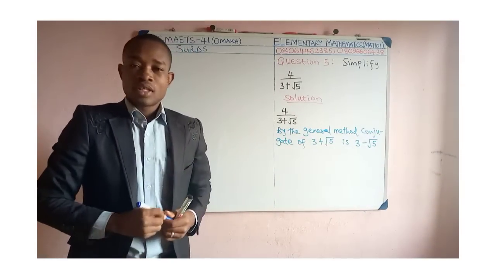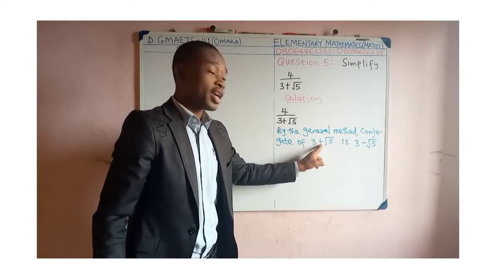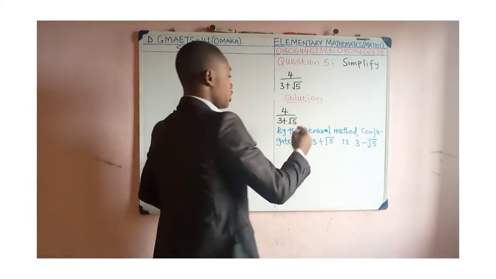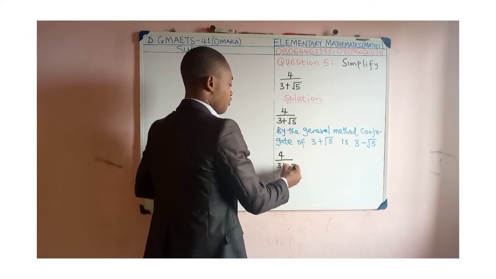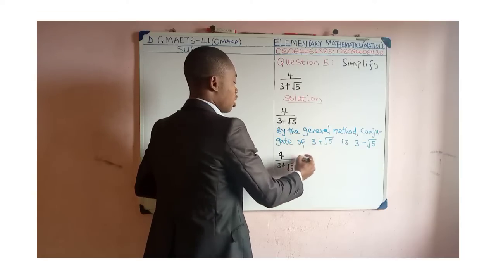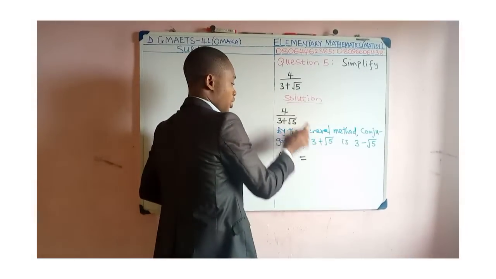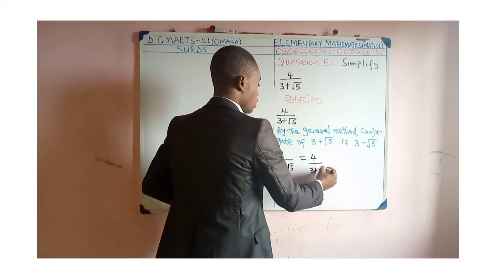Is that okay? Take note, one might choose to change this sign to minus 3 and then maintain this plus root 5. Okay, so we are going to multiply the numerator and denominator of our given surd by the conjugate of the denominator. So this is the problem we're solving. It's going to be 4 all over 3 plus root 5.